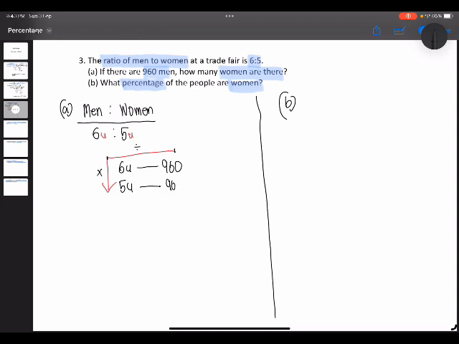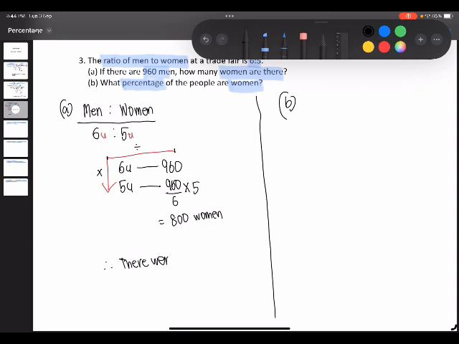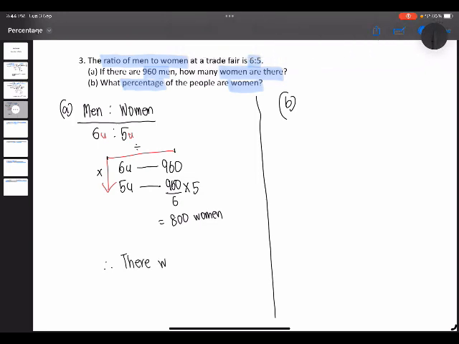So it is 960 over 6 into 5, which gives a value of 800 women. So let's write a statement to conclude our answers. So there were 800 women at the trade fair.